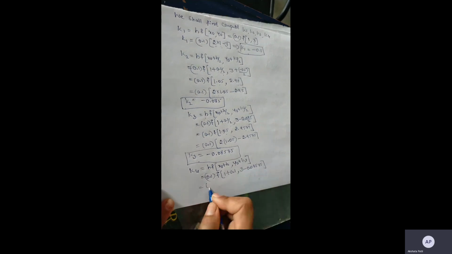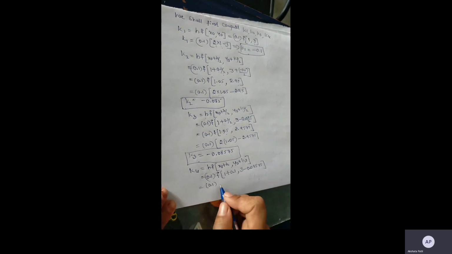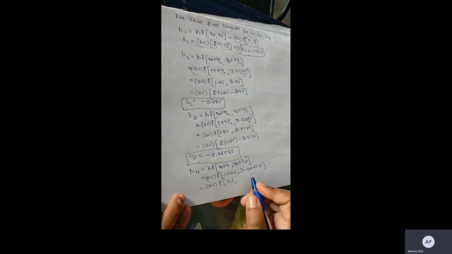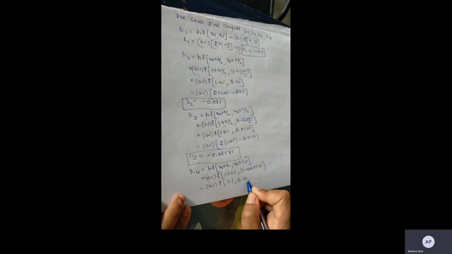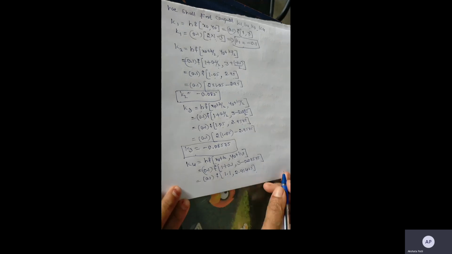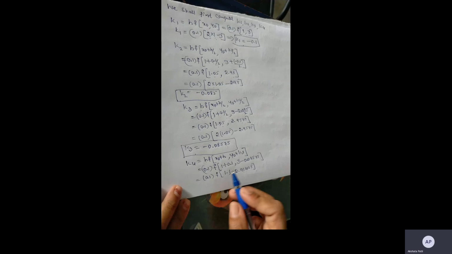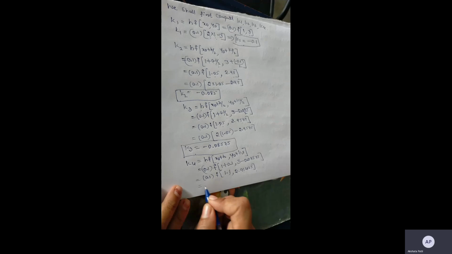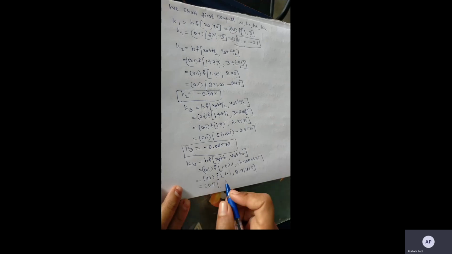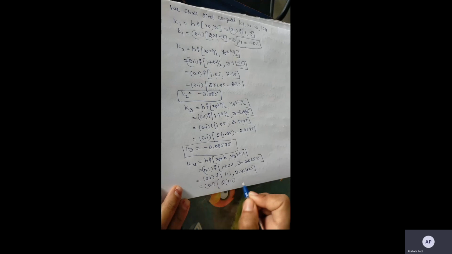Now we get 0.1 into function of 1.1 comma 2.91425. Substituting these new values in the given differential equation, we get 0.1 into 2 into 1.1 minus 2.91425. So k4 equals minus 0.07142 is our k4 value.